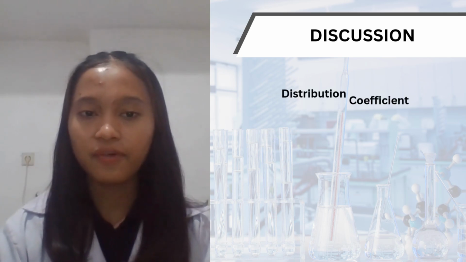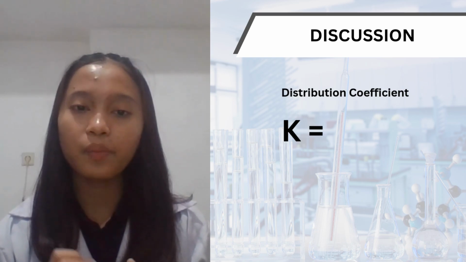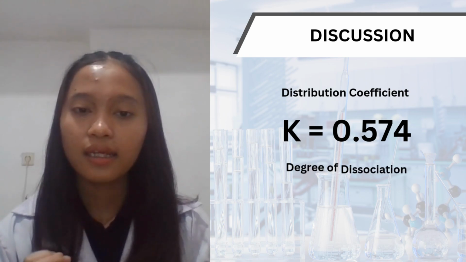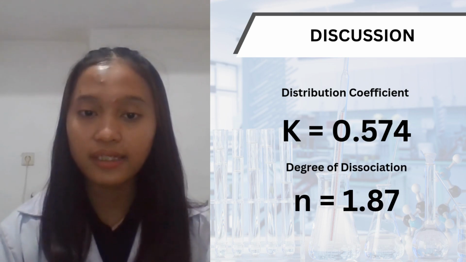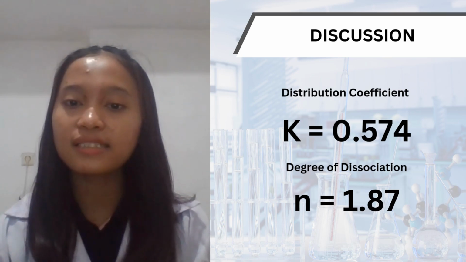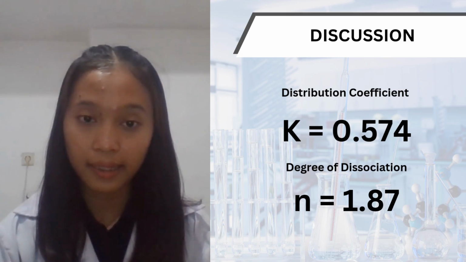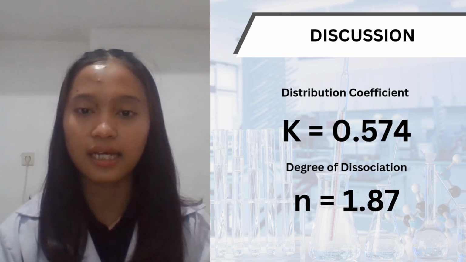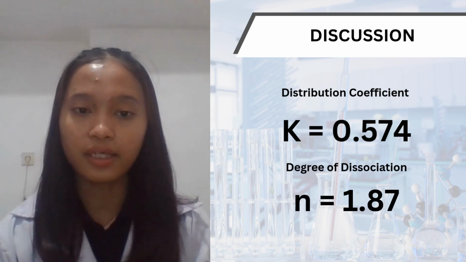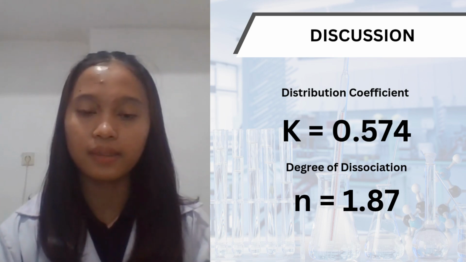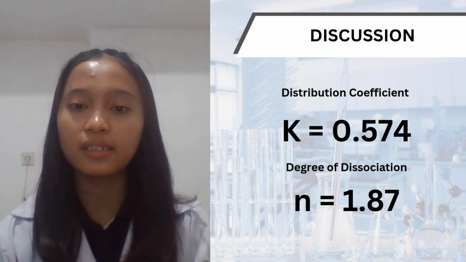The obtained value of K, 0.574, and N, 1.87, reflect the dual nature of acetic acid in polar and non-polar media. Despite minor deviation, the results are consistent with theoretical expectation and provide valuable insight into liquid-liquid interaction.